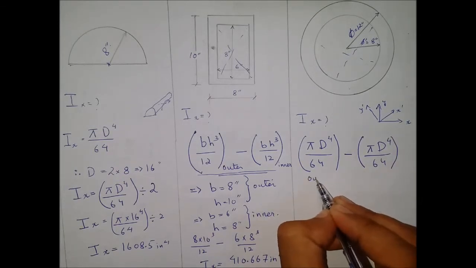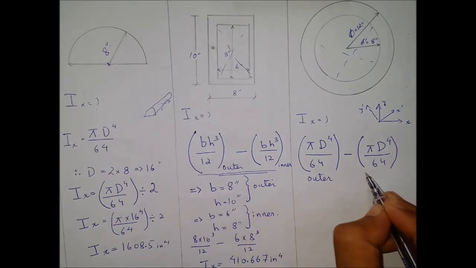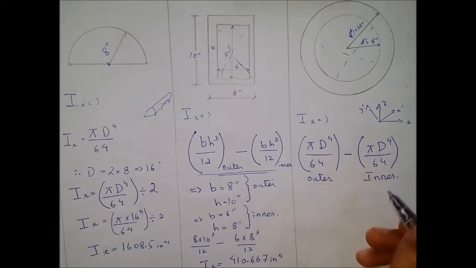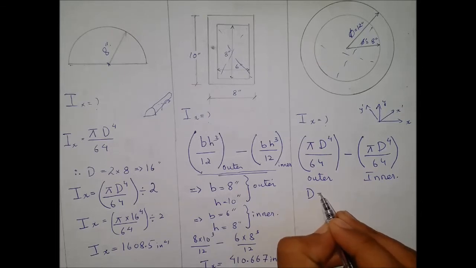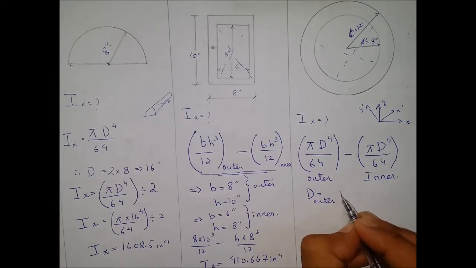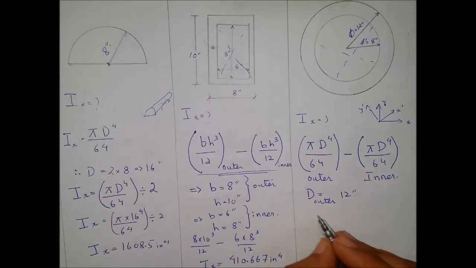This would be outer and this would be inner. The only variable here is diameter. So the outer diameter is 12 inches and the inner diameter is 8 inches.